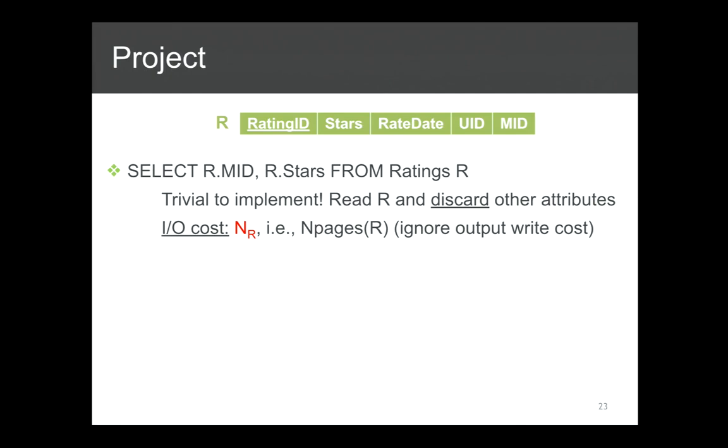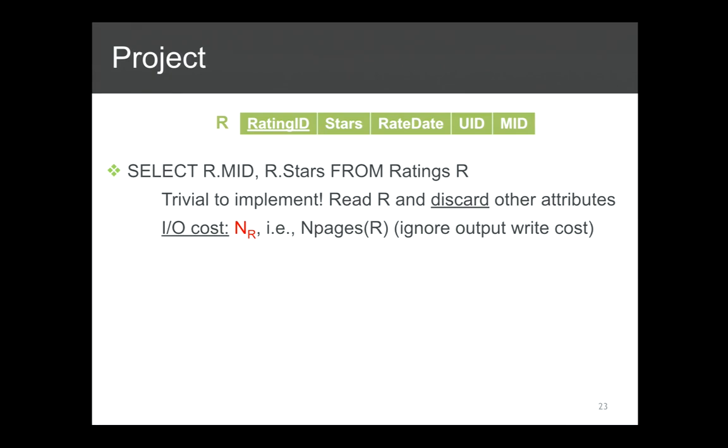Now, here's a question. This I/O cost NR assumes that the record layout is a row store. What if your record layout is a column store? Or your page layout? How you pack records onto pages. We talked about row stores and column stores in the file layout and the record layout. If it's a column store, the cost will be much lower than NR.